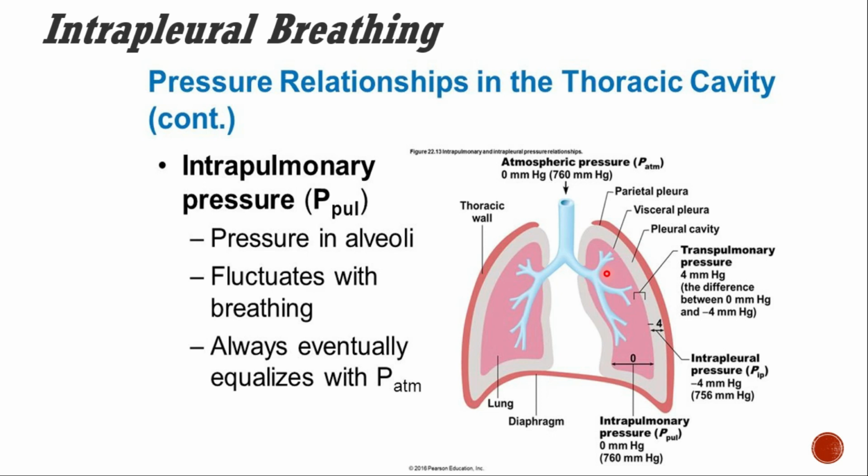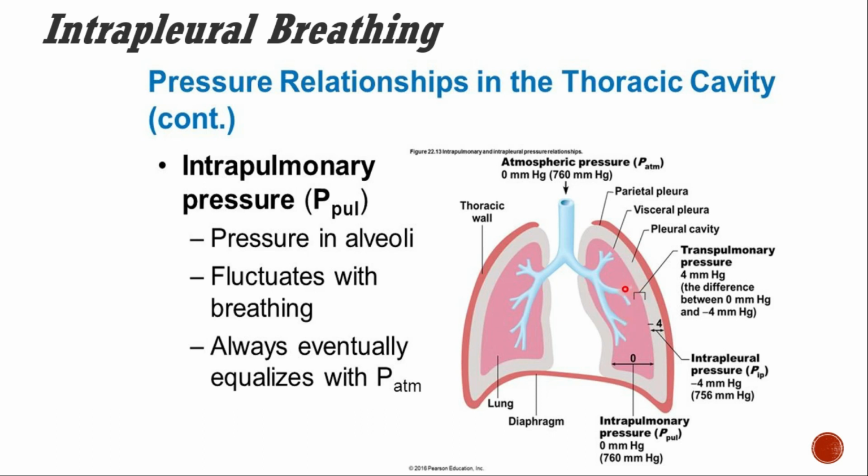The transpulmonary pressure exists between the pleura and the lungs. The difference between intrapulmonary and intrapleural pressure is known as transpulmonary pressure. There are two terms that will be utilized during this process: the intrapleural pressure, the pressure present in the pleural cavity, and the intrapulmonary pressure, the pressure present at the alveoli.